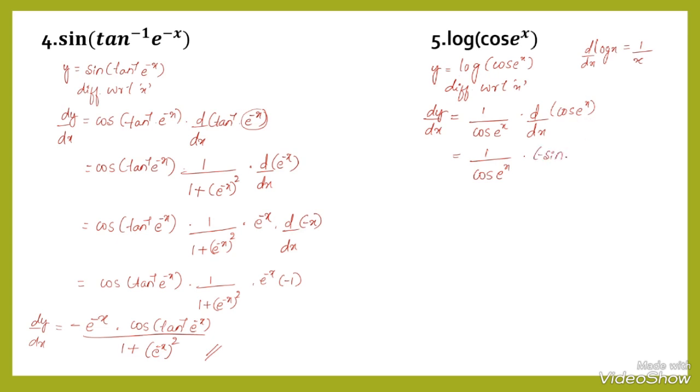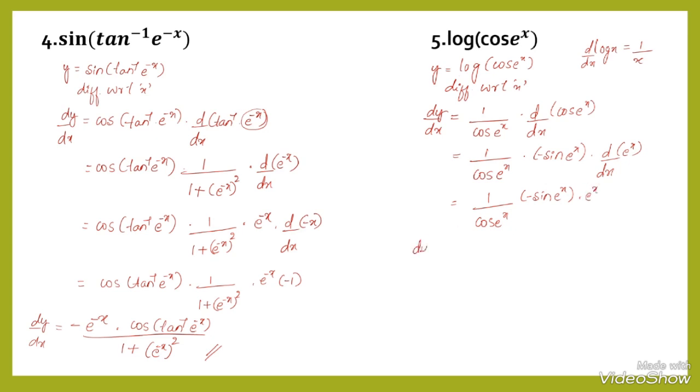In place of x, we have e to the power x. That's why I'm taking again differentiation of e to the power x. Then 1 divided by cos of e to the power x into minus sine e to the power x, into differentiation of e to the power x, again e to the power x.